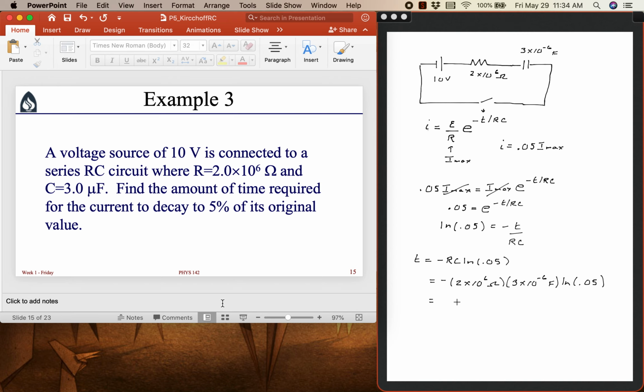So that's going to give me a positive value, because the natural log of a number that is less than 1 is going to be negative. So I end up getting a positive time of about 18.0 seconds. So it will take 18 seconds for the current in this circuit to die away to be 5% of its original value.